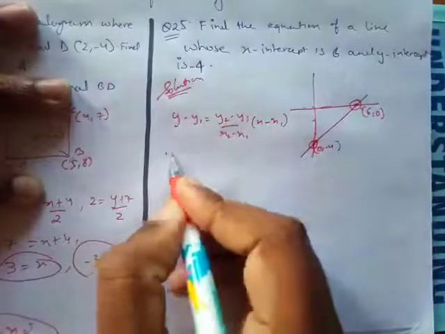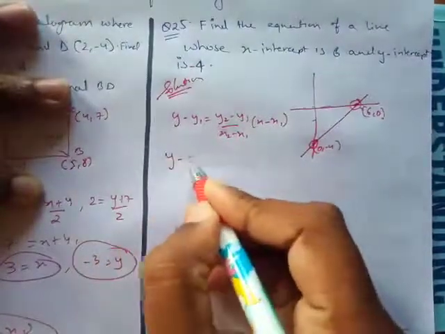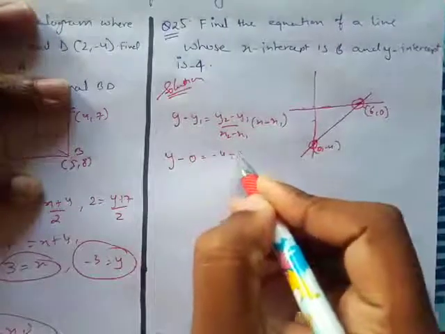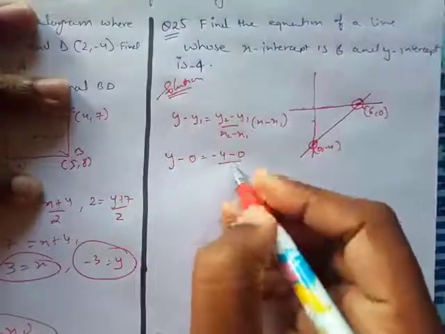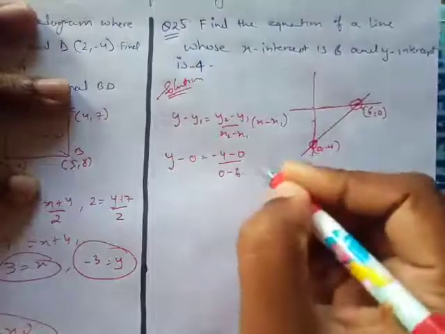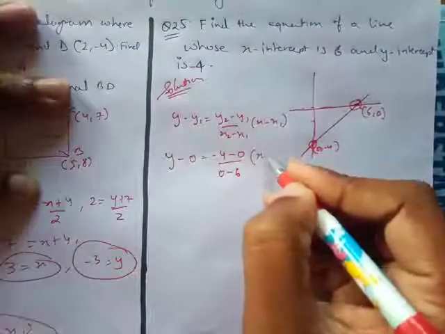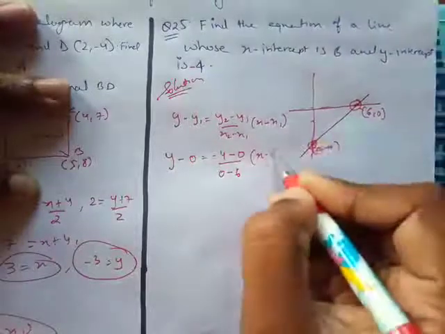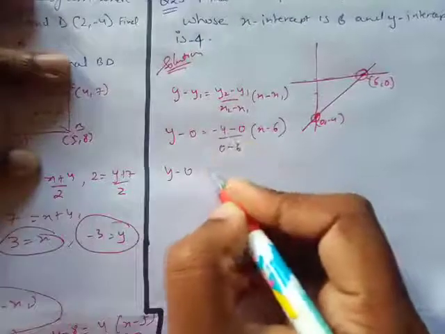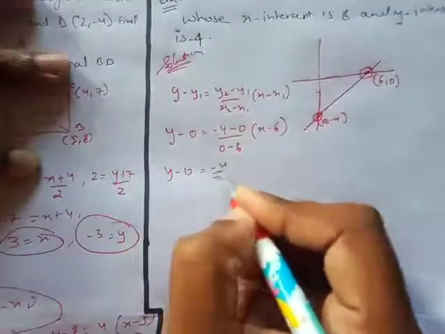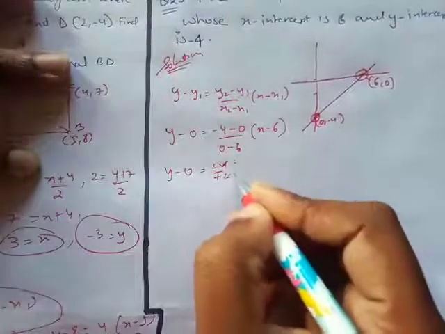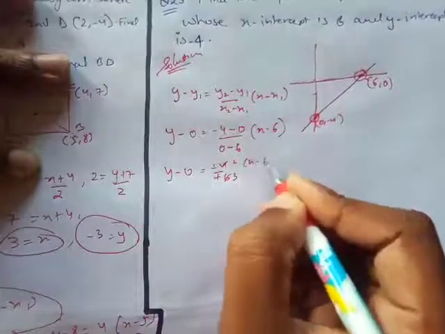So let's start putting the formula. y minus 0 equals to y2 is -4, y1 is 0, upon x2 is 0 minus 6, then x minus x1 is 6. So y minus 0, and then this is going to become -4, this is going to be -6, minus and minus cancel, and 2 and 3, x minus 6.